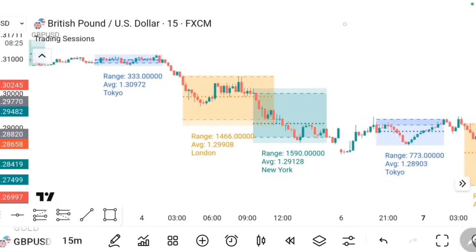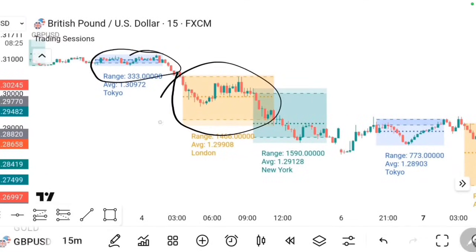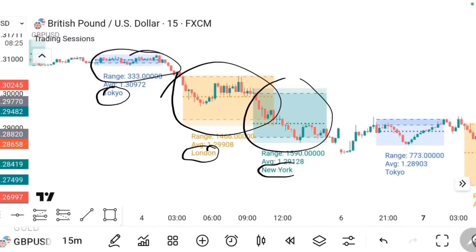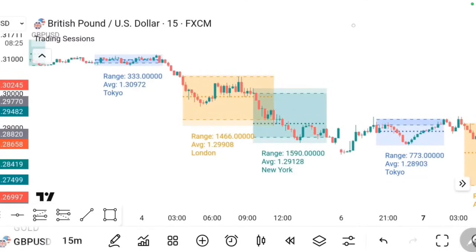Let's look at another example here as well. This is your Tokyo session, this is your London session, and this is your New York session. The trading sessions indicator would write it for you once you apply it.